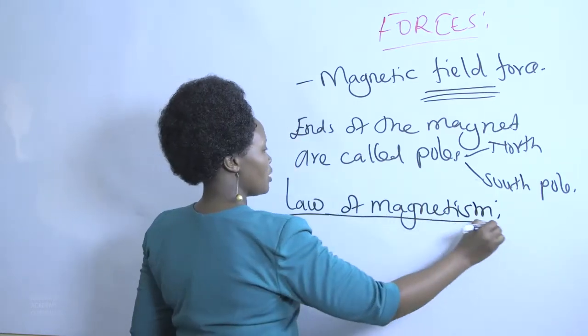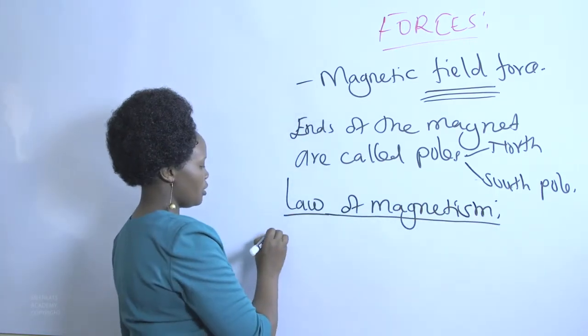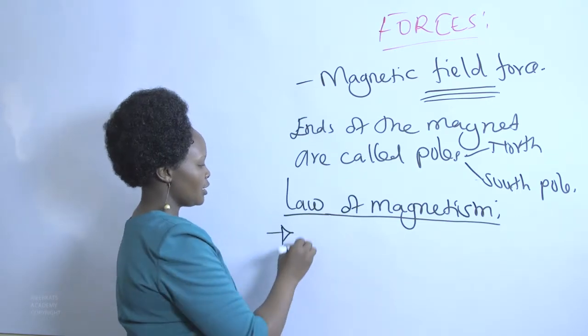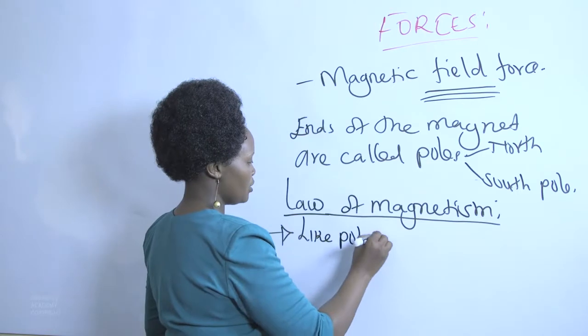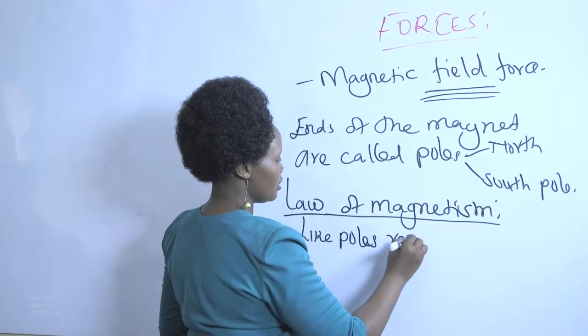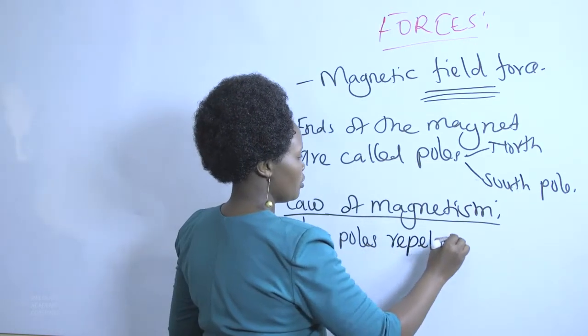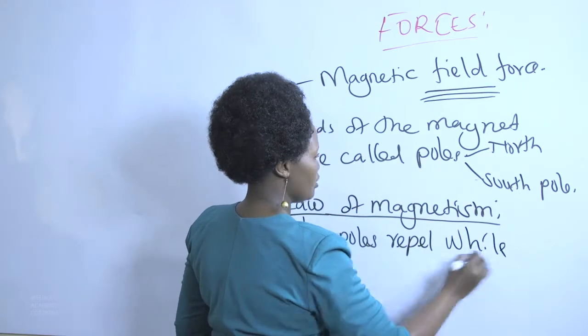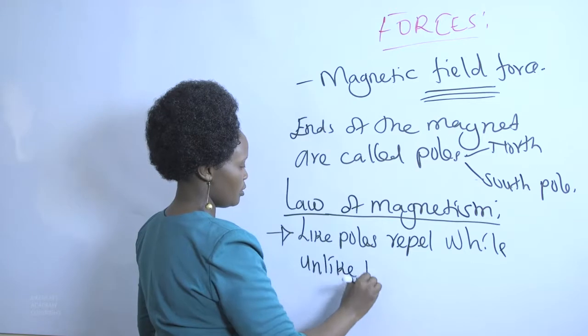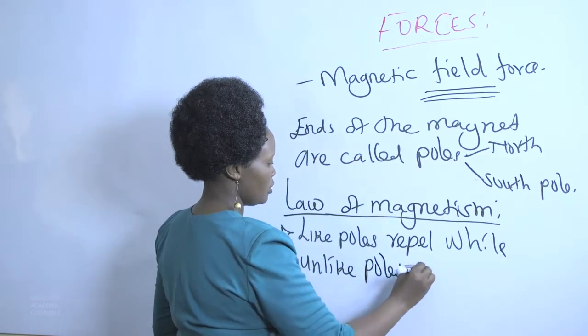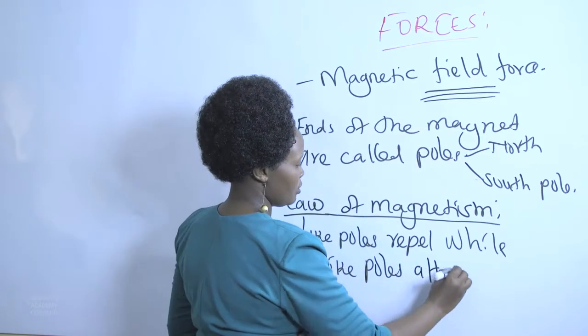And the law of magnetism simply states that like poles repel while unlike poles attract.